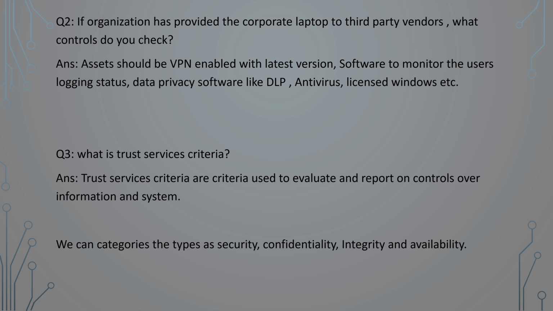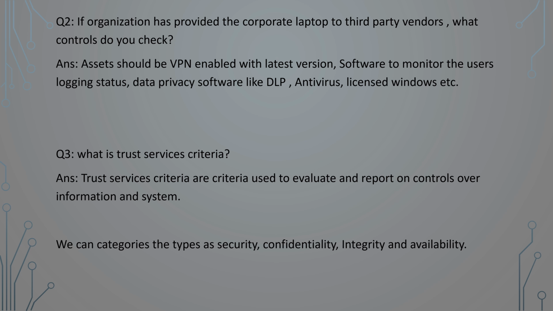Next, to protect our assets from viruses, we should have antivirus, and last is licensed Windows. These are the main controls we should ensure are on the corporate provided laptops. Otherwise, there are also n number of controls we should ensure.